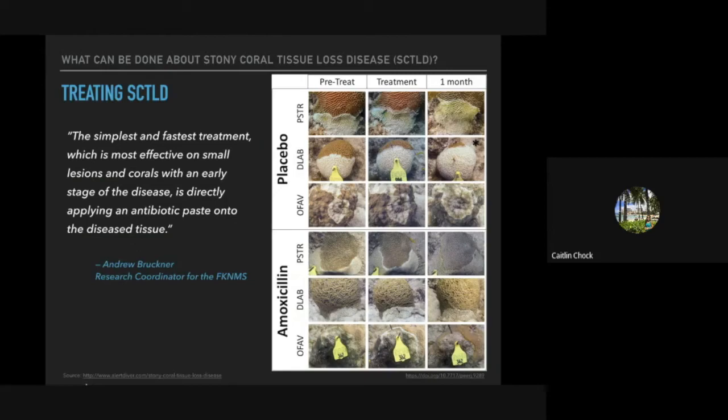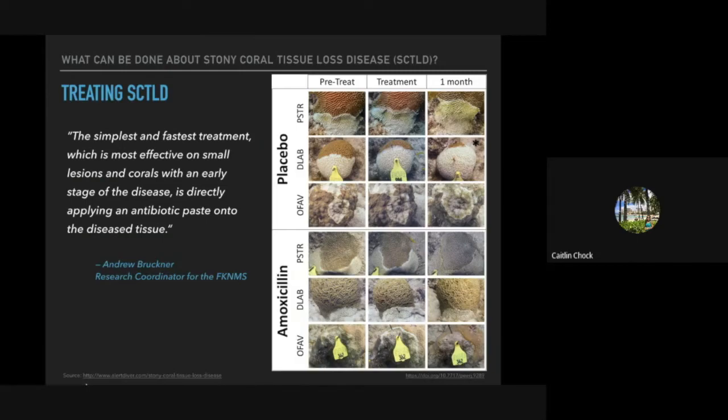So you can see on the first photos there, it was pre-treatment. Then in the second photos, you can see the actual line of paste where they began the treatment. And then on the third photos, after 1 month, when they revisit the corals, you can see that that treatment actually halted the disease progression and stopped it at that level.